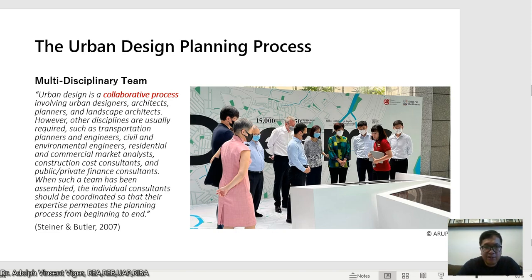However, other disciplines are usually required, such as transportation planners and engineers, civil and environmental engineers, residential and commercial market analysts, construction cost consultants, and public-private finance consultants. When such a team has been assembled, the individual consultants should be coordinated so that their expertise permeates the planning process from beginning to end.